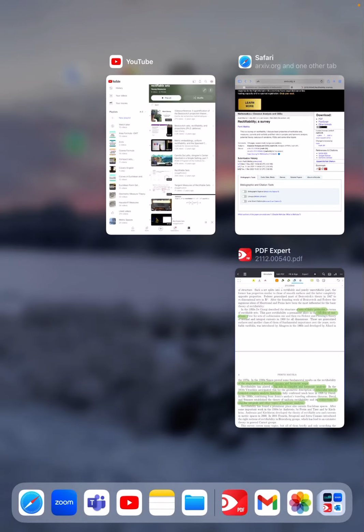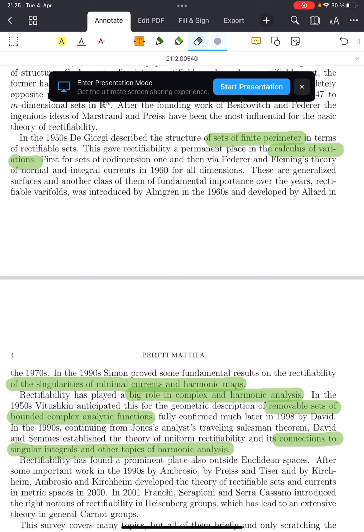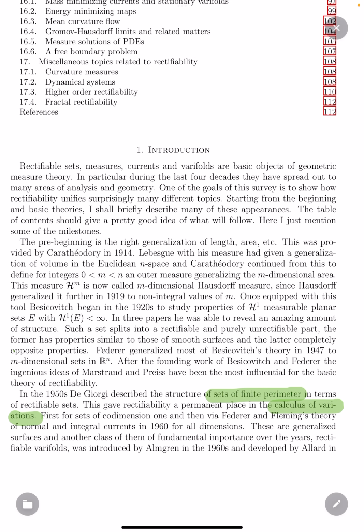I want to show you some parts from it. My focus being just where else rectifiable sets appear rather than talking about new results. So the first instance he mentions is that sets of finite perimeter can be described by rectifiable sets.